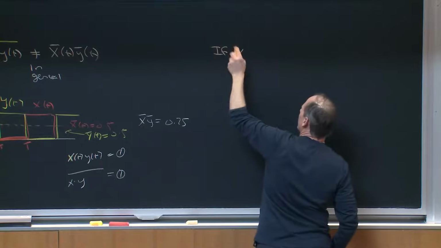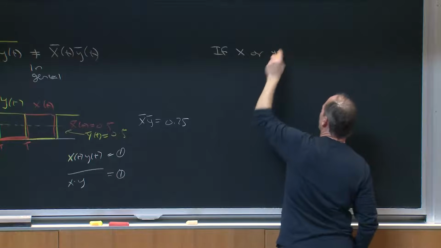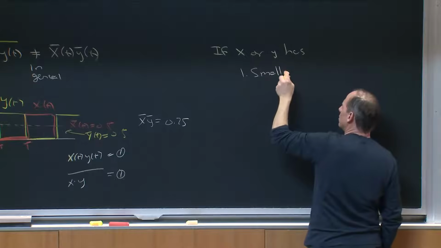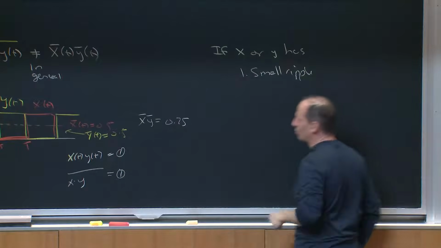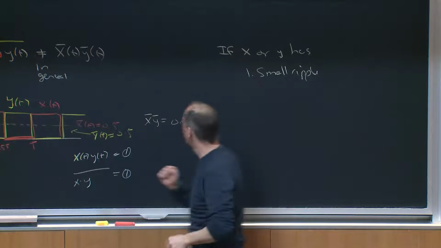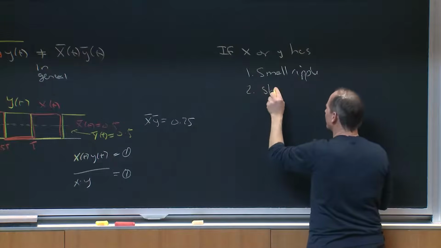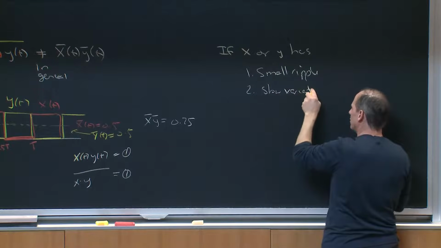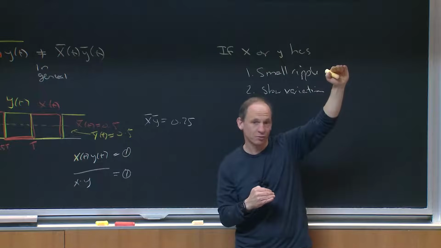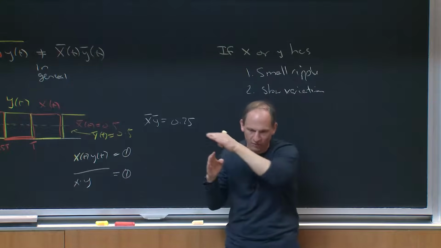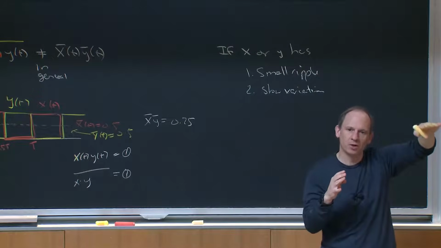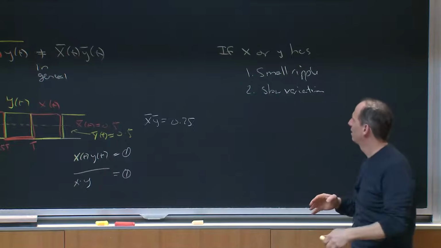One, small ripple, in other words, it's not varying full scale within the cycle, and two, slow variation, meaning it's not one thing in one cycle and jumping to something massively different in another cycle. It may move, but it only moves a little bit, okay?